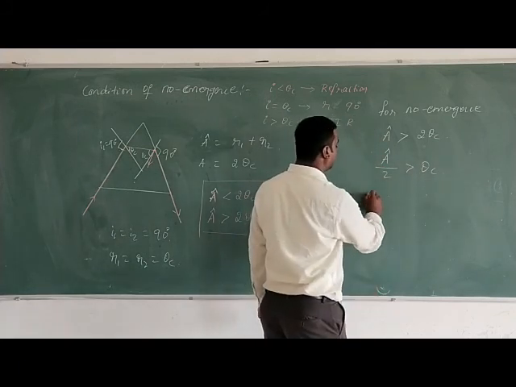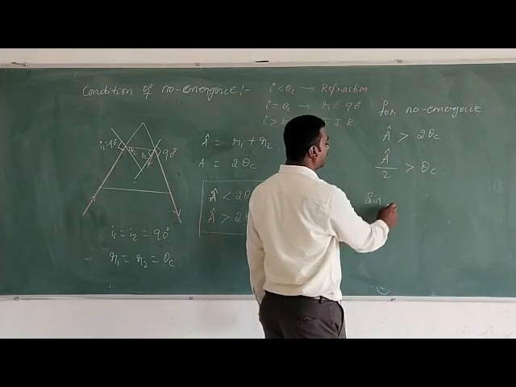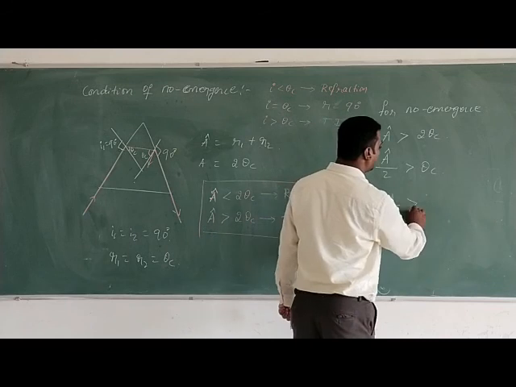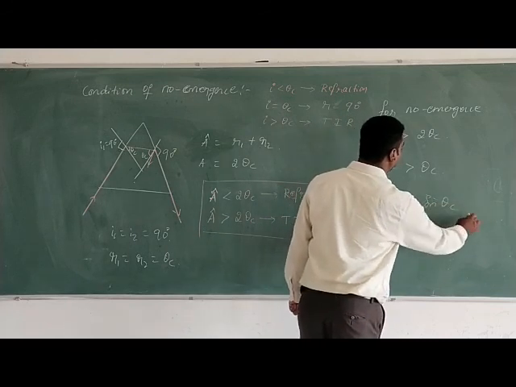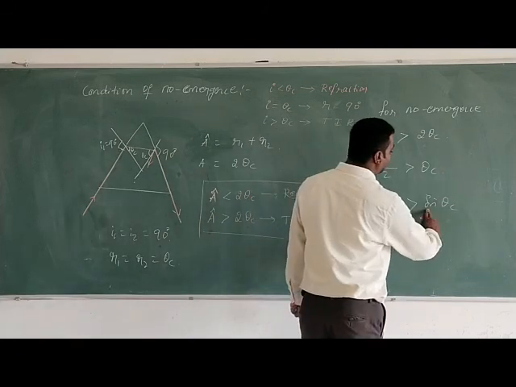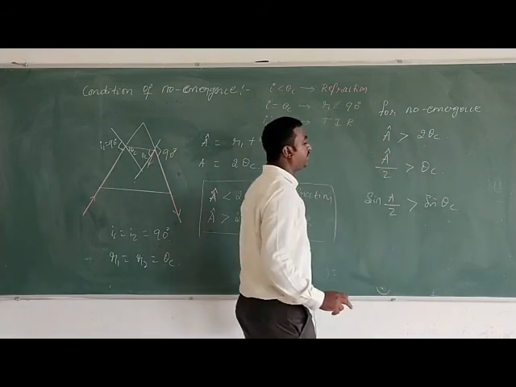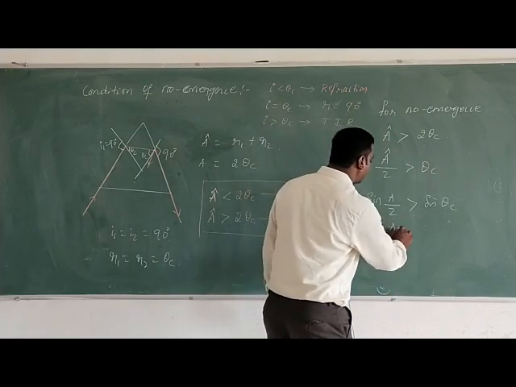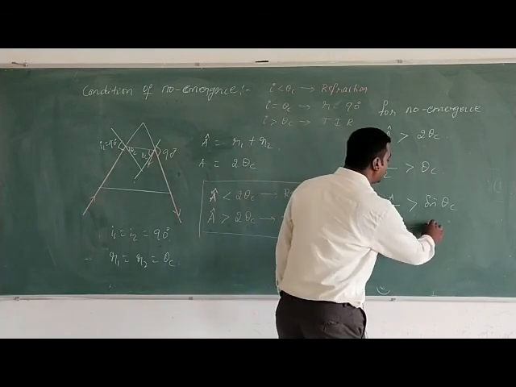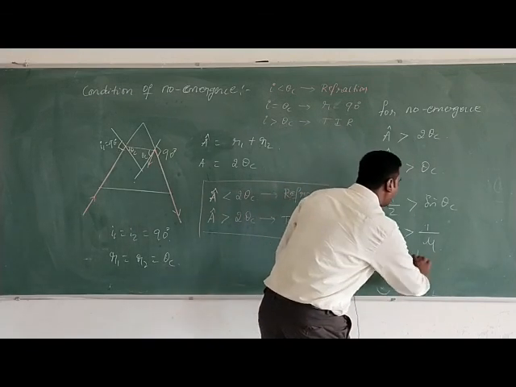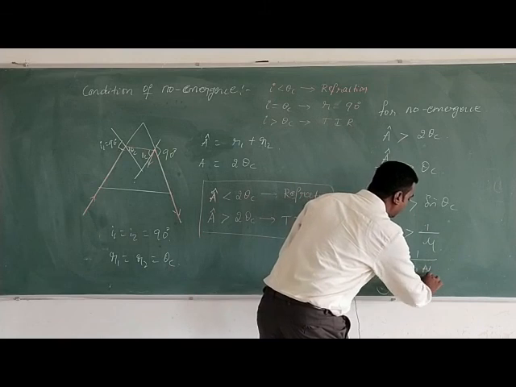Taking sine on both sides, sine of A by 2 is greater than sine of theta c. We know the relation between refractive index and critical angle: sin theta c equals 1 divided by mu, so mu equals 1 divided by sin of A by 2.